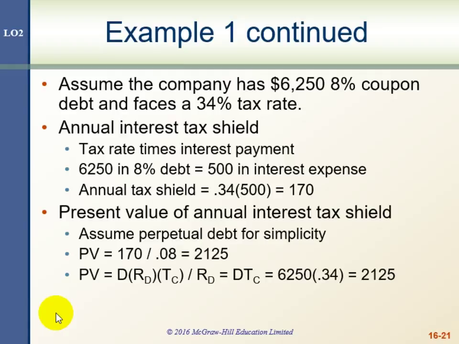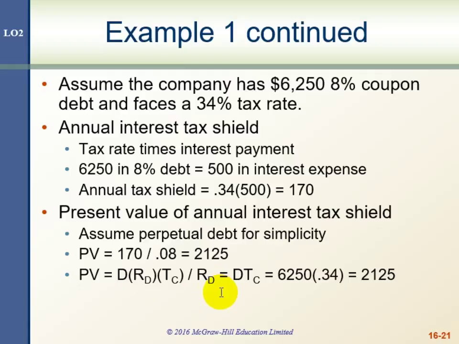So it's 2,125, which actually works out if we can see the formula down here. D is the amount of the debt. The RD is the return on the debt, so 8%, the tax rate, the corporate tax rate, divided by RD. That's the discount rate to use to calculate the present value of the future tax deductions. If we see RD in the top and RD in the bottom, they cancel.